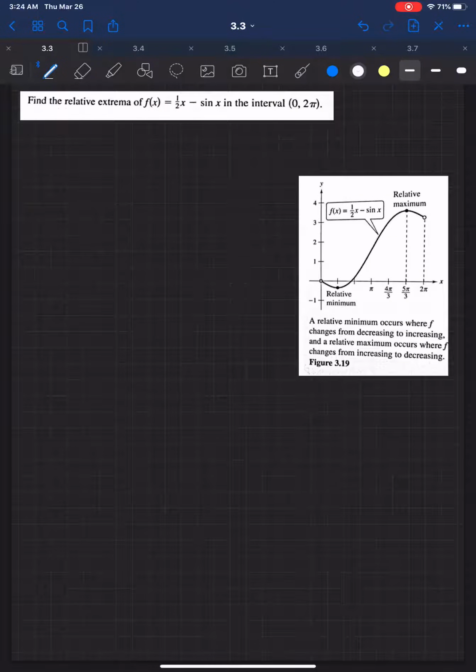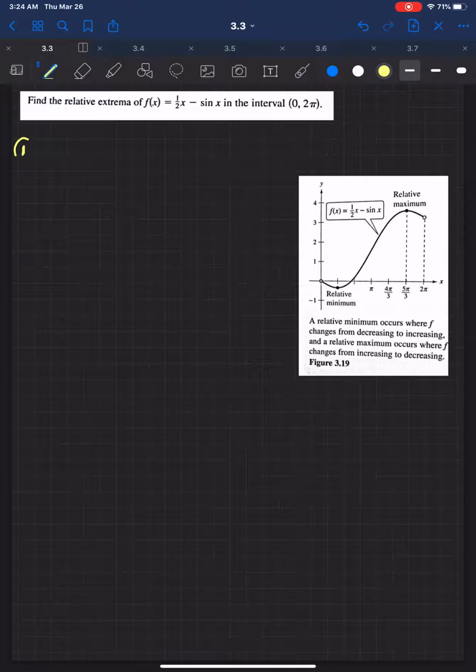So, ready? The question asks us to find the relative extrema for the function 1/2 x minus sine of x in the interval 0 to 2 pi. So remember, I'll go through these as quick as I can.